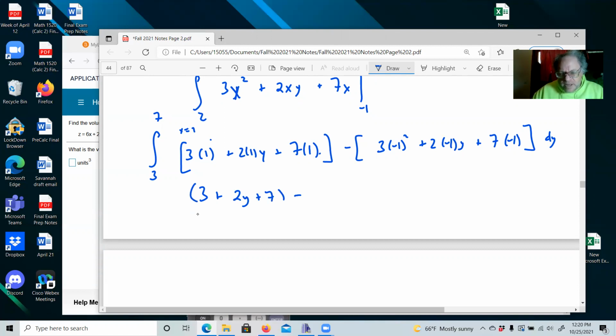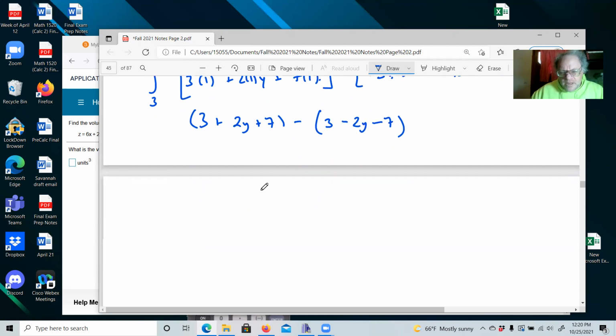Minus, okay, and we have 3 minus 2y, and then negative times negative is positive, so we keep it positive. Oh, wait, let's put a -7 in here because we haven't done this one yet.